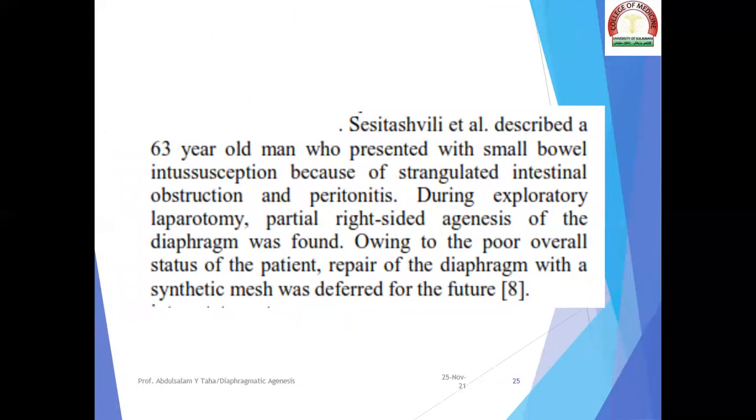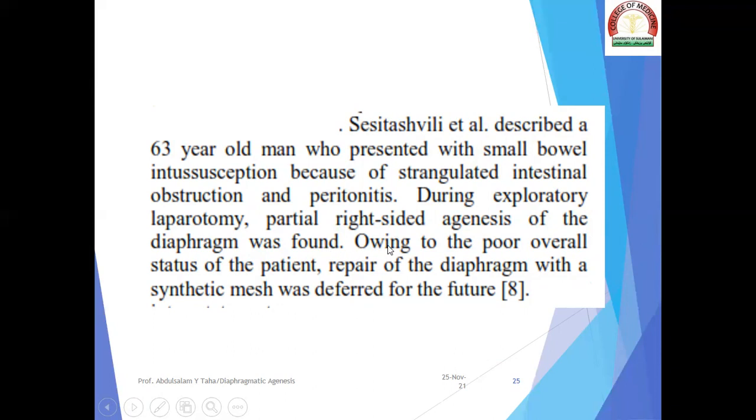Sesi-Tashvili et al. described a 63-year-old man who presented with a small bowel interruption because of strangulated intestinal obstruction and peritonitis. During exploratory laparotomy, partial right-sided agenesis of the diaphragm was found.